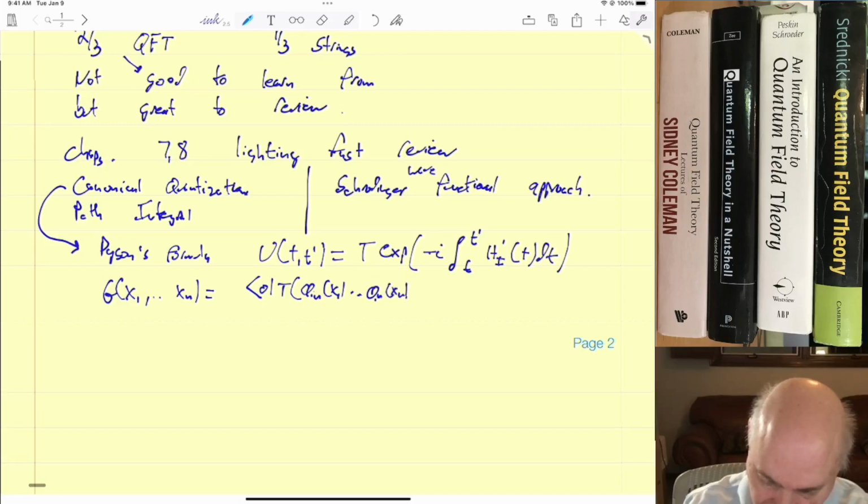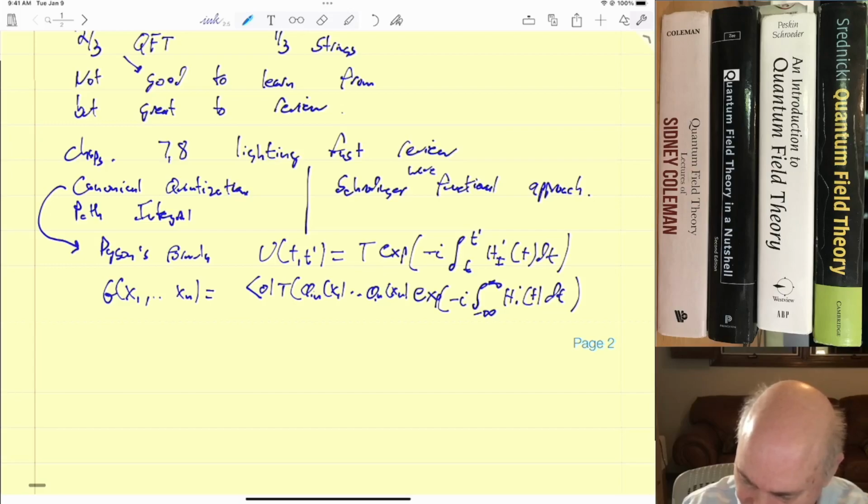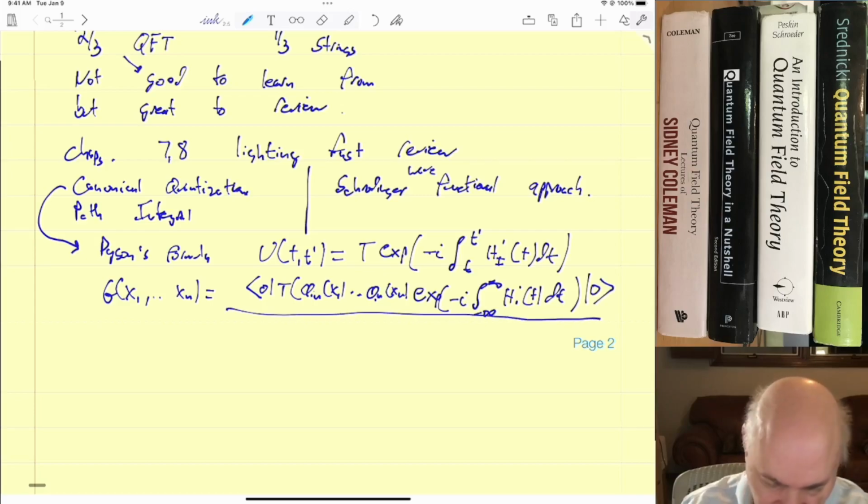Vn xn, e to the minus exp. This whole thing is time ordered. Vacuum expectation values. And then you have the bubbles.